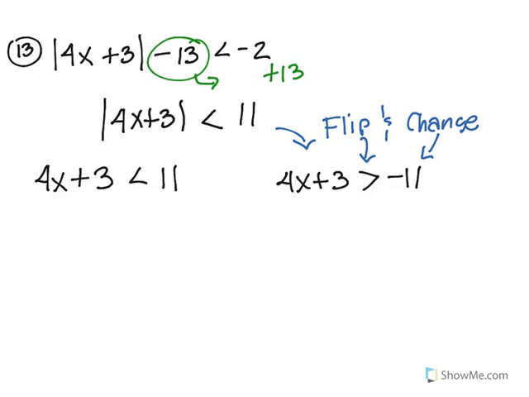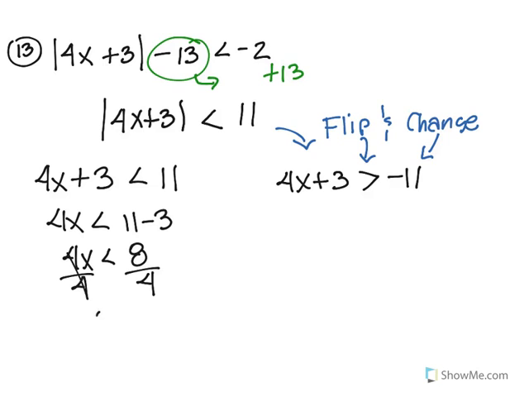So you're going to work these two simple inequalities. We got 4x is less than 11 minus 3. 11 minus 3 is 8. Divide by 4. X is less than what? 2. On the second one, you're going to subtract 3.